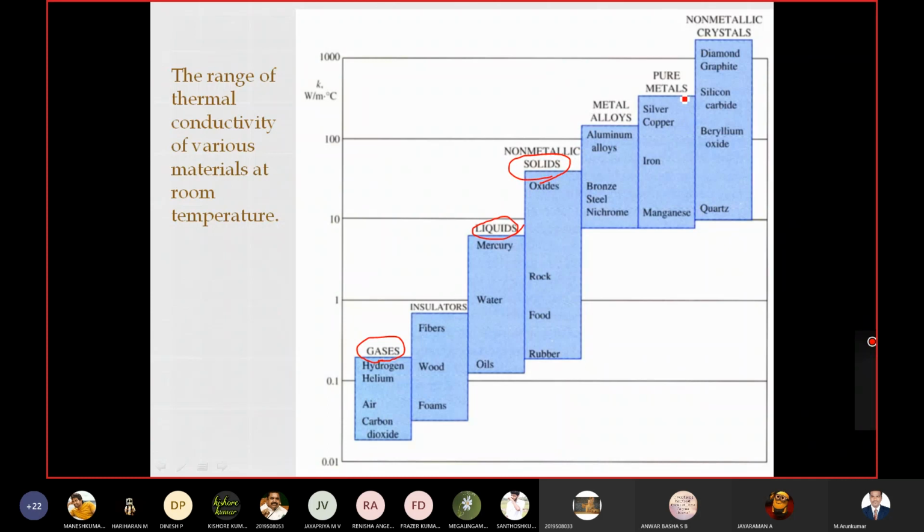But in solids, there will be more heat transfer through conduction because the kt value of solids is more compared with the liquids and gases. Diamond and graphite have more kt values, so these materials can be used to get more heat transfer through conduction.